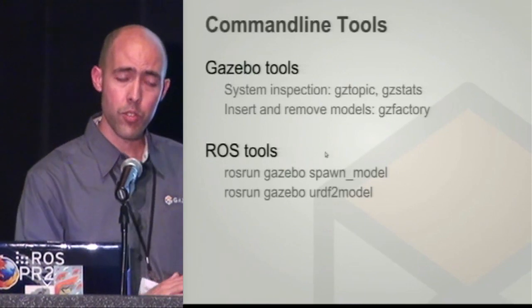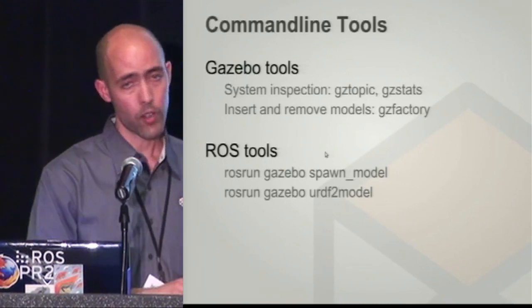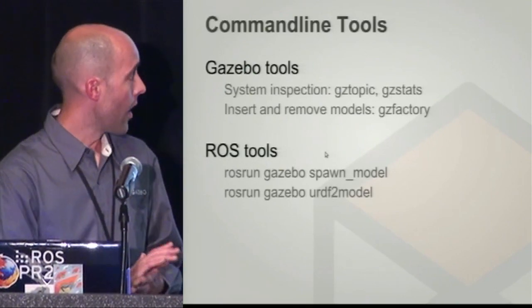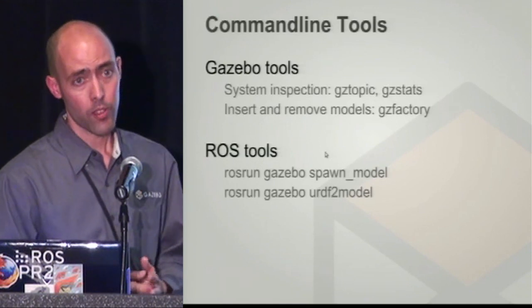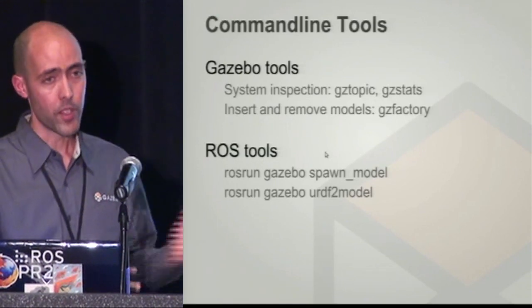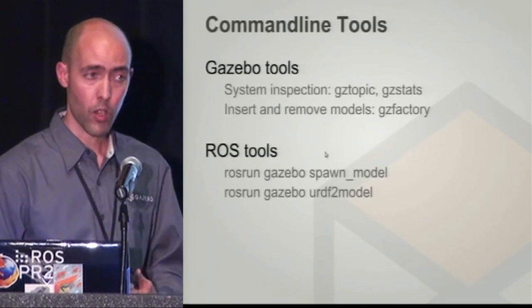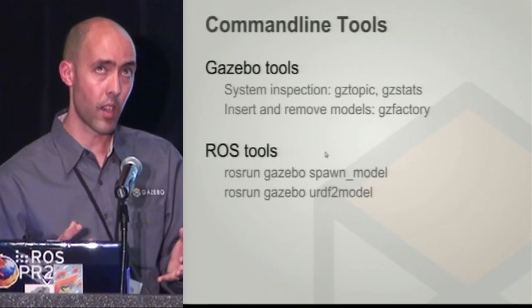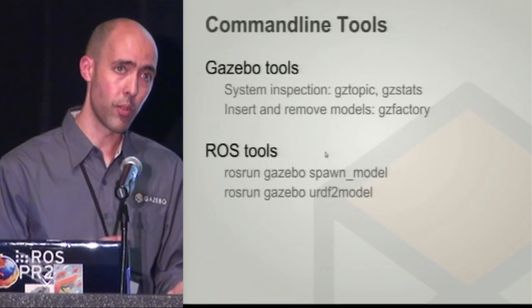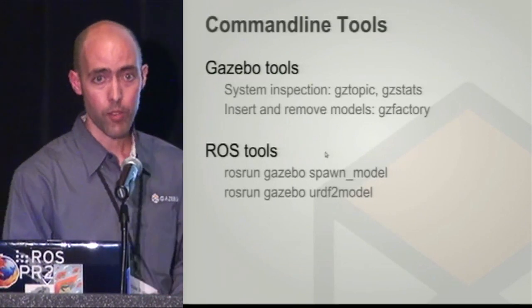GZ Factory allows you to spawn and remove models from a running simulation. And this is very similar to the Gazebo version in ROS of spawn model, but this takes URDF specific code and spawns it into Gazebo. And if you want to take URDF and convert it into a Gazebo format, you can use the URDF to model.